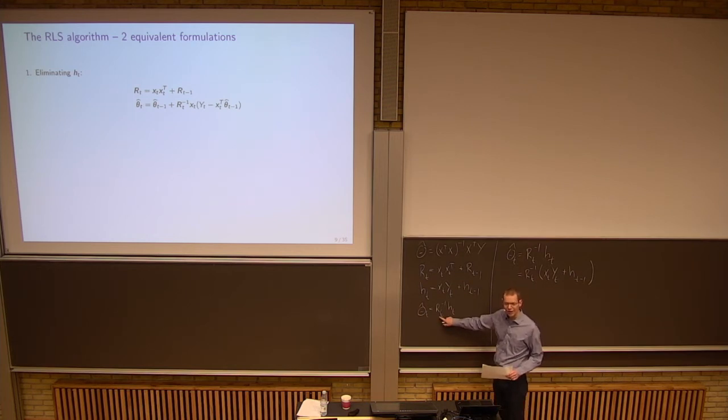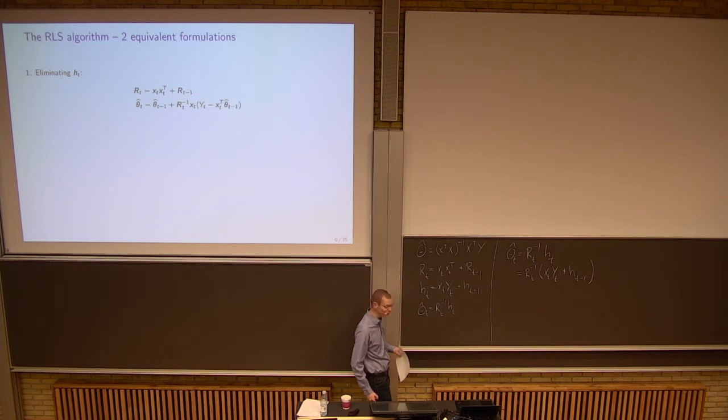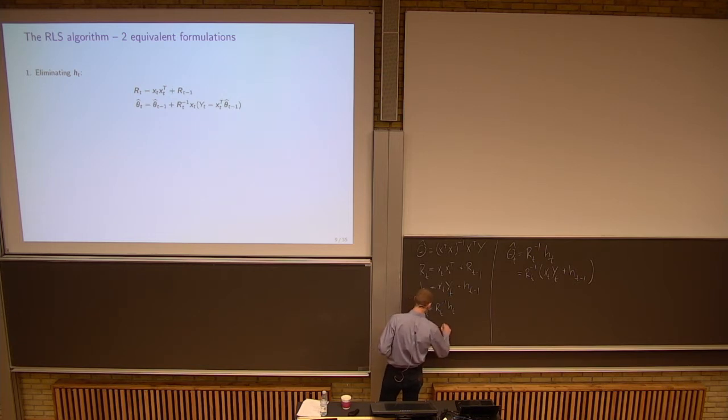Given that R is well behaved, and we assume it is because that's also the foundation for the variance that we have later on, then we can just reorder this. R_t is symmetric as well, so we can pre-multiply by R_t, so that R_t theta hat_t equals h_t.